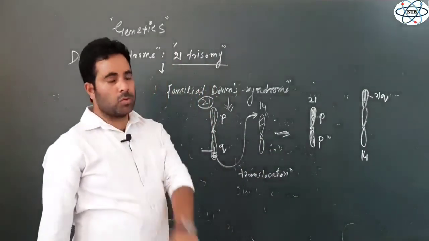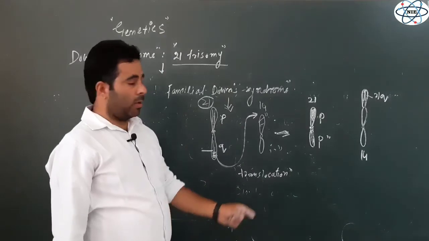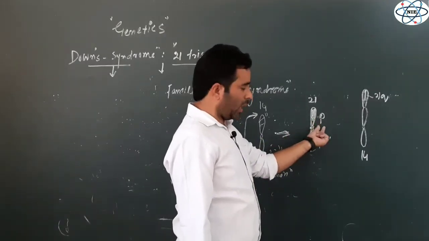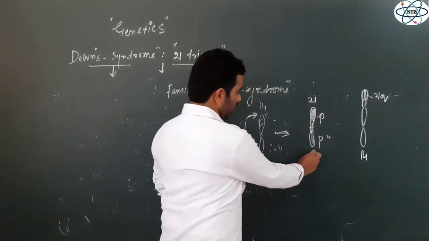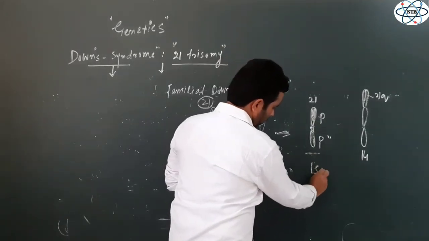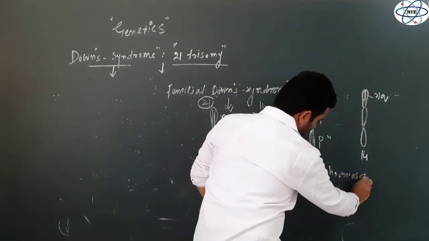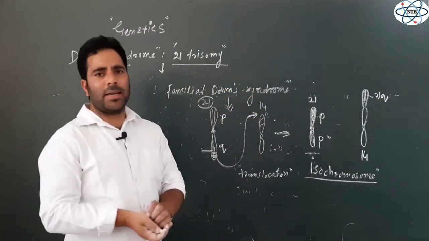When a chromosome has mirror image arms on it, where one should be P and another should be Q, but both are PP or both are QQ, this chromosome is known as an isochromosome. An isochromosome is not a normal condition, guys.